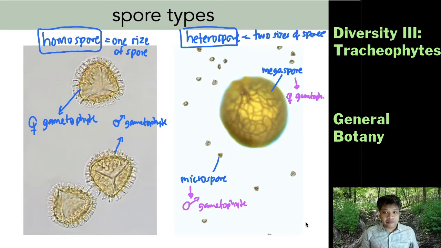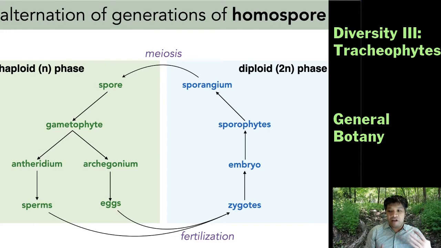Different plant groups produce different kinds of spores. Many plant groups produce just homospores, and many produce heterospores, so this helps us separate the two. Let's talk about what it's like to be homospore. This is a simpler case because they have only one type of spore.